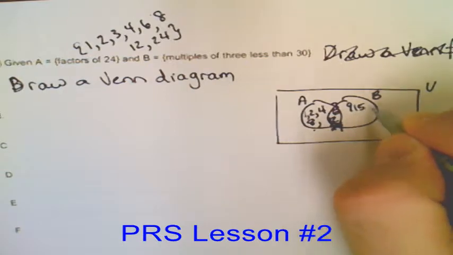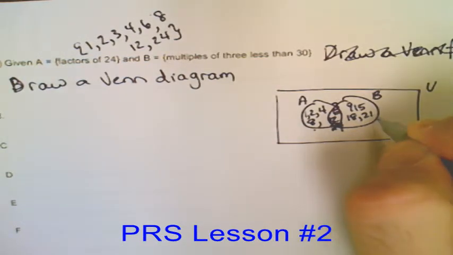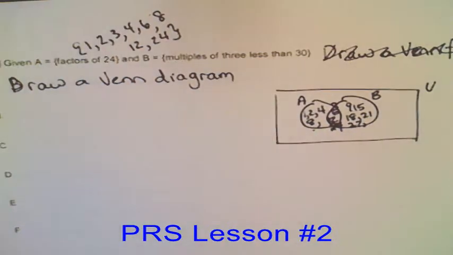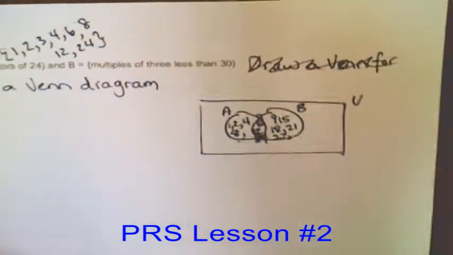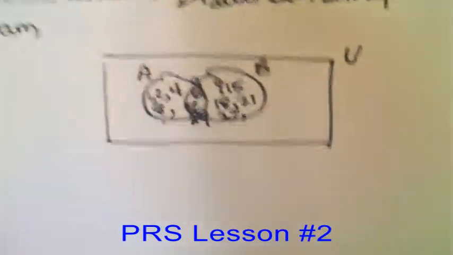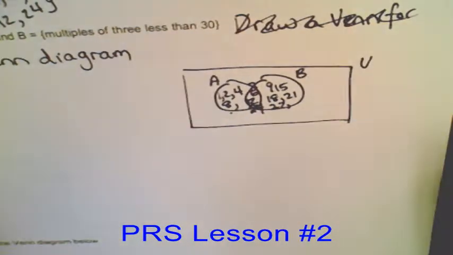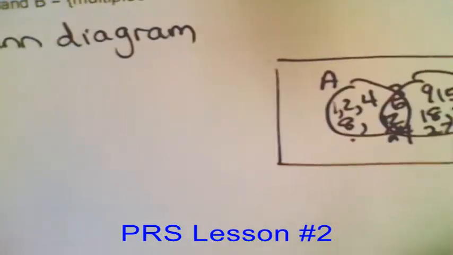You've got the 1, the 2, the 3 is here, the 4, the 8, and that's it. Okay? Multiples of 3 are 3, 6, 9, 12, 15, 18, then 21, 24, 27, and less than 30, so that's where I'd stop. So I've got those elements in there, okay?